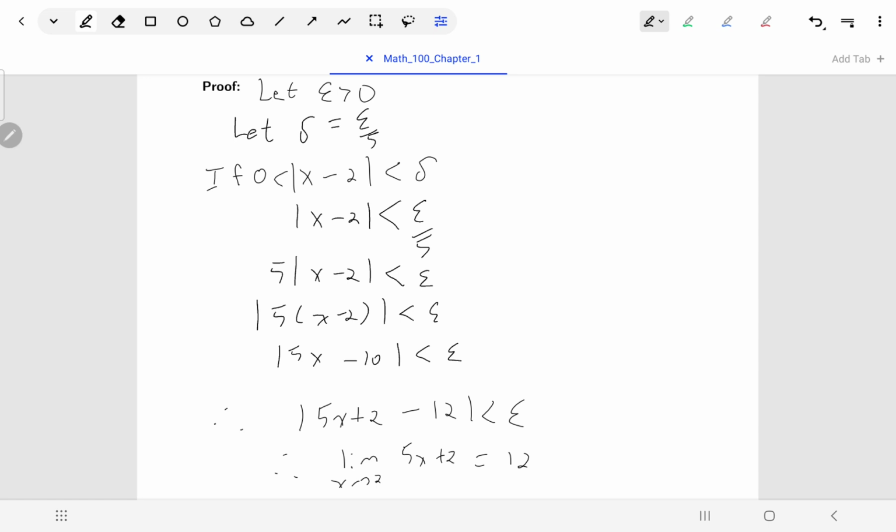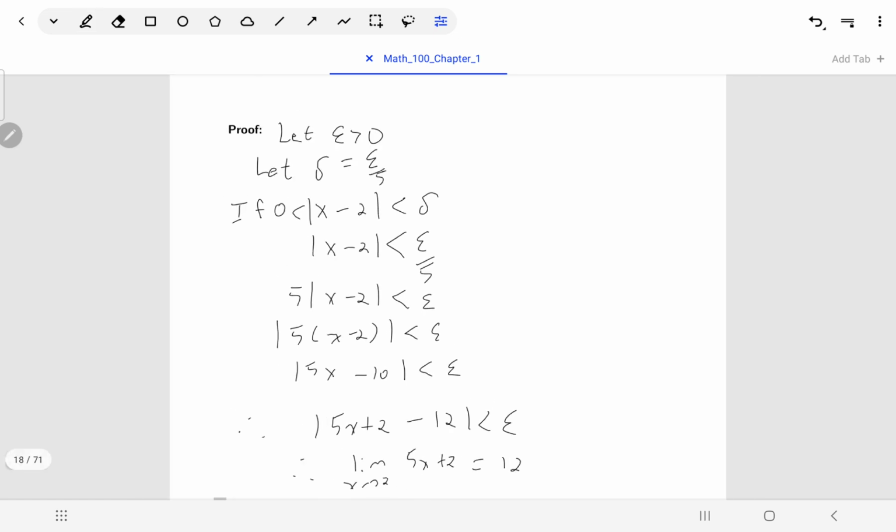And so there we go. We've shown that pick any epsilon you would like, and if I let delta be epsilon divided by 5, then if x is close enough to 2, then my function will be close enough to 12. So therefore my limit as x approaches 2 for my function is 12.